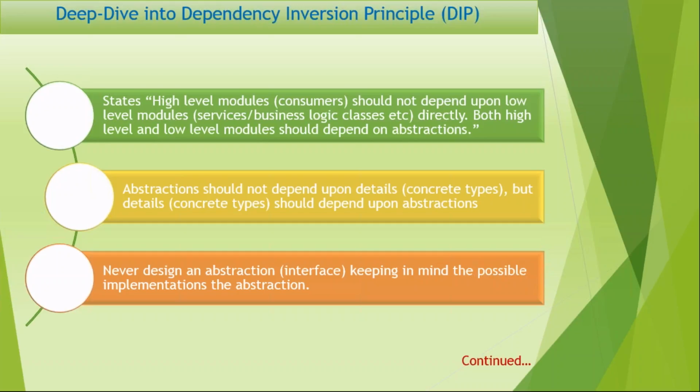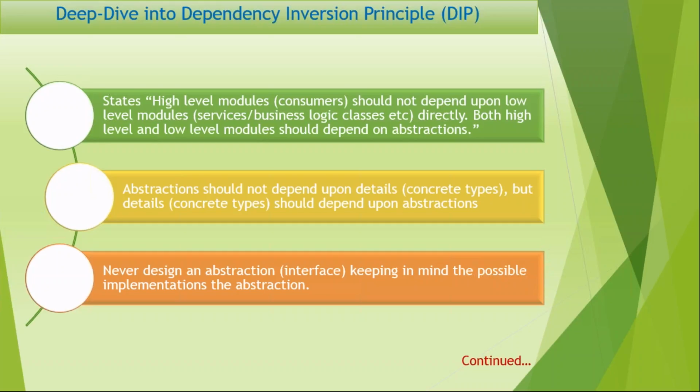All these IOC containers or dependency injection stuff, all these open source libraries depend on these principles. So if you know the principle, then you can go and use any IOC container, whether it is StructureMap or Unity or Castle Windsor or any other, easily. You do not find it difficult. So you need to understand the principle here. Principles are different from open source libraries because open source libraries are dependent on the principles. So let's look at the principle.